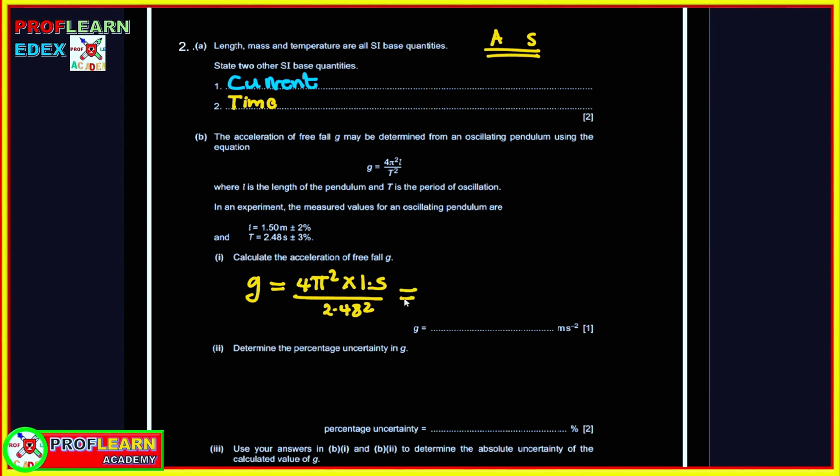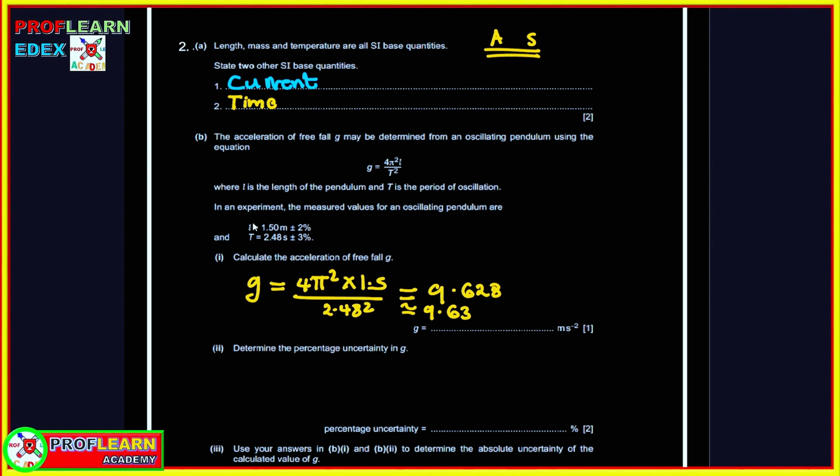So if you work it out, check using your calculator, you're going to get 9.628, and then we can round off to 9.63, because you can see most of the values that were given here were given to 2 decimal places. So there's no way you can get the calculated value having a higher accuracy than the measured quantities.